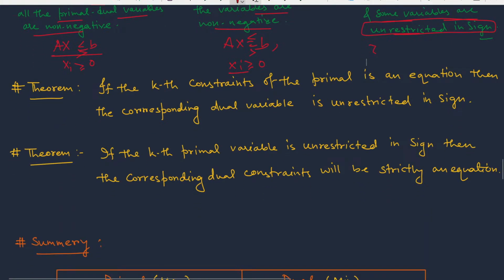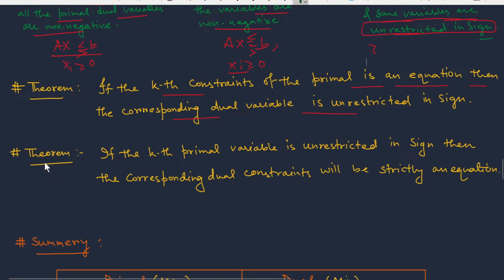Now let us come to a theorem. If the kth constraint of the primal is an equation, then the corresponding dual variable is unrestricted in sign, okay. We are giving examples for these theorems, and you can understand this theorem properly with the example, okay.